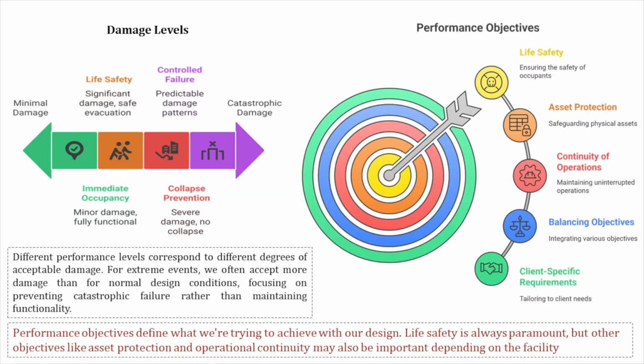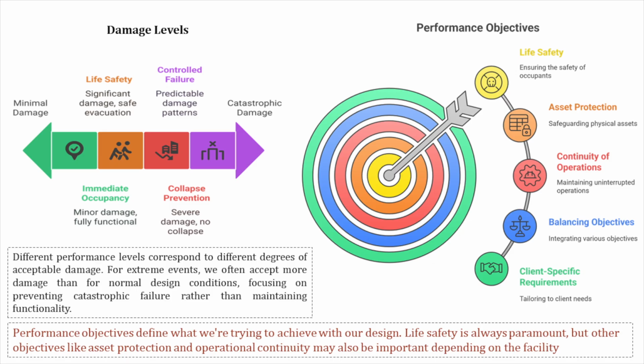And in some cases there are client specific requirements, such as in nuclear containment structures or some personal bunkers, where different client based requirements need to be dealt with. So performance objective is an emerging field where we are trying to achieve the requirement based on the functionality of the structure.